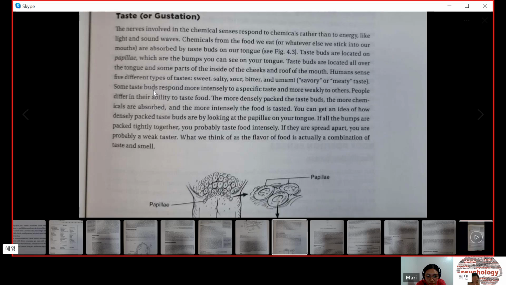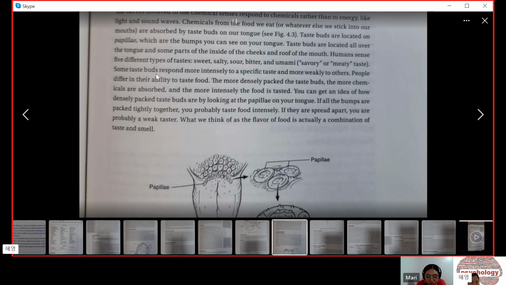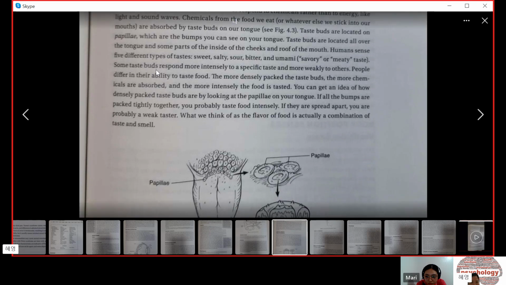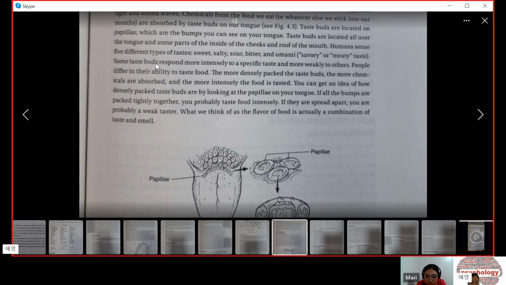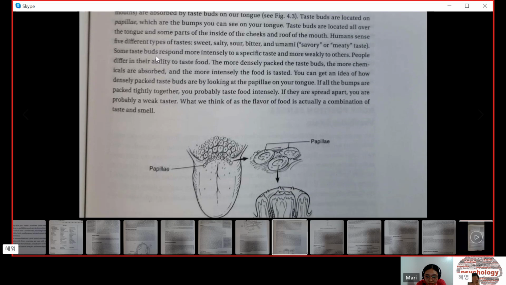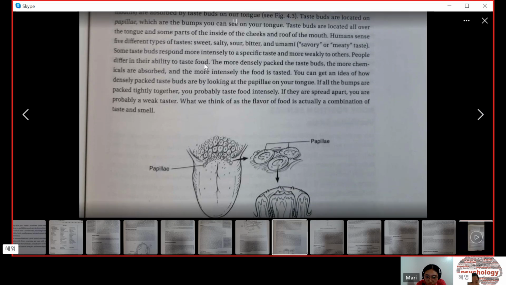Some taste buds respond more intensely to a specific taste and more weakly to others. People differ in their ability to taste food. The more densely packed the taste buds, the more chemicals are absorbed, and the more intense the food is tasted.